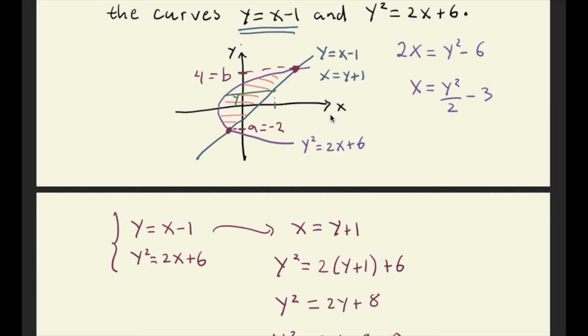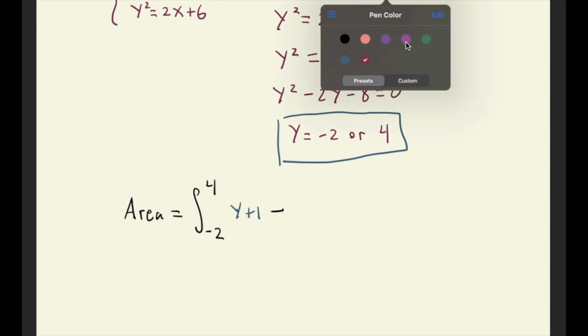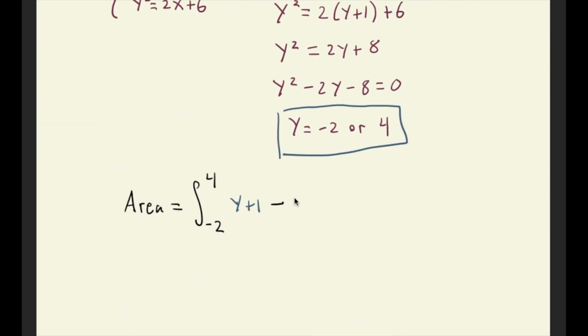So it's going to be y plus 1 minus y squared over 2 minus 3, dy.